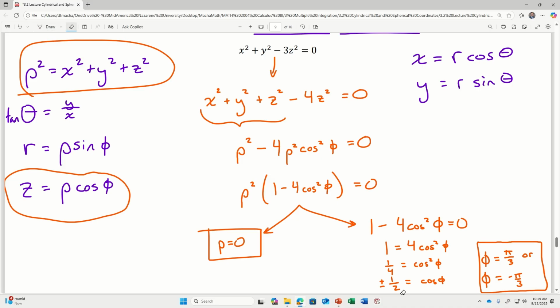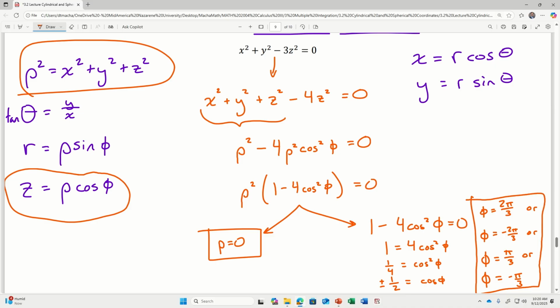Because it could be pi over 3, it could be 2 pi over 3, or it could be negative 2 pi over 3, or it could be negative pi over 3. And those are all valid.